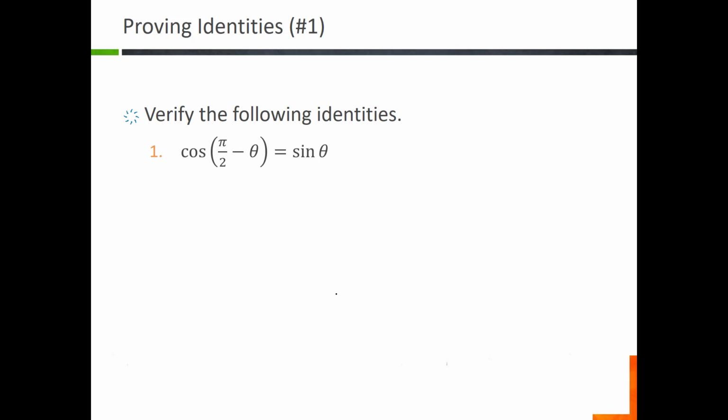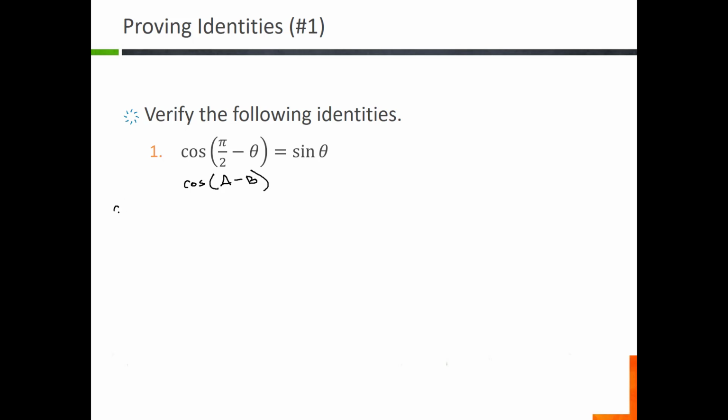So we actually need to use an identity. So let's look at the left side. We have the cosine of the difference of 2 values. So this is really the cosine of A minus B on the left side. So the cosine of A minus B, which turns out to be kind of a longer expression.